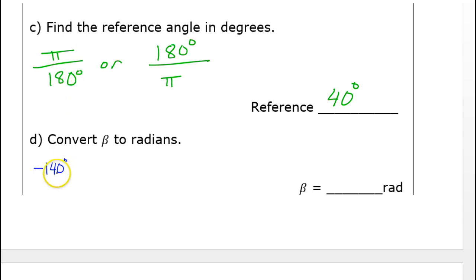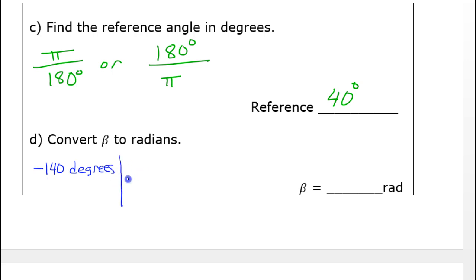So we should be able to multiply by pi over 180 or 180 over pi anytime we want, because we are really just multiplying by 1. So, negative 140 degrees, just to make it even more obvious, I'm going to put the word here. So we'll think of this as negative 140 degrees, just so I can emphasize what we're doing.